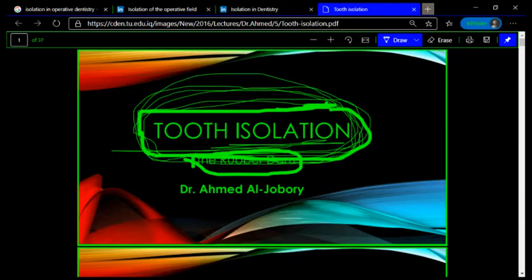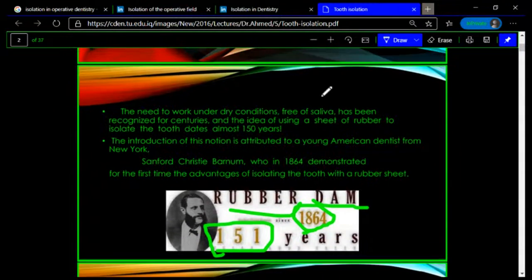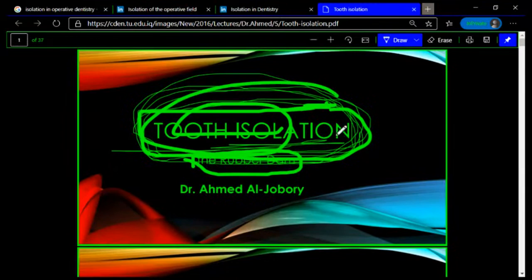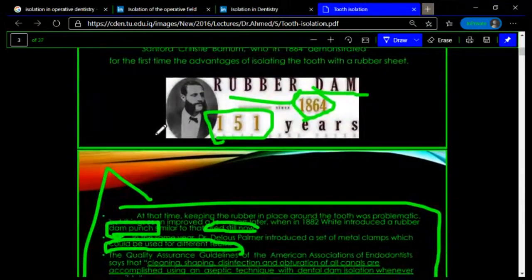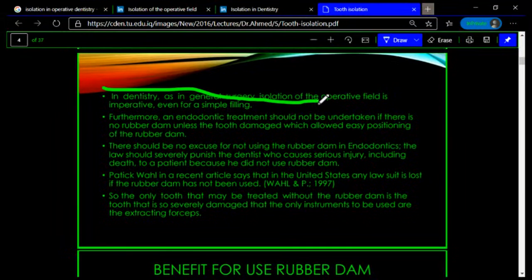But we are interested in concluding the subject and writing a conclusion for this long subject of tooth isolation here, how it was invented, who invented it, and the traditional surgery of isolation of field is operative, even simple filling.